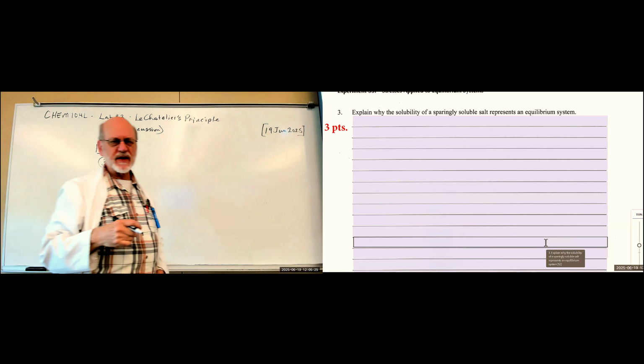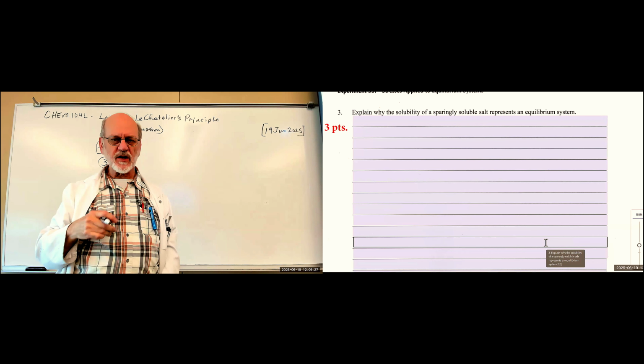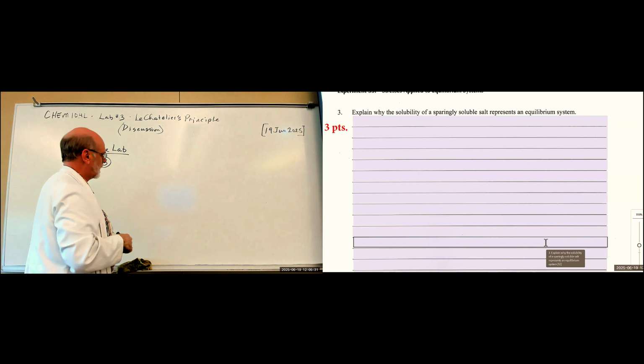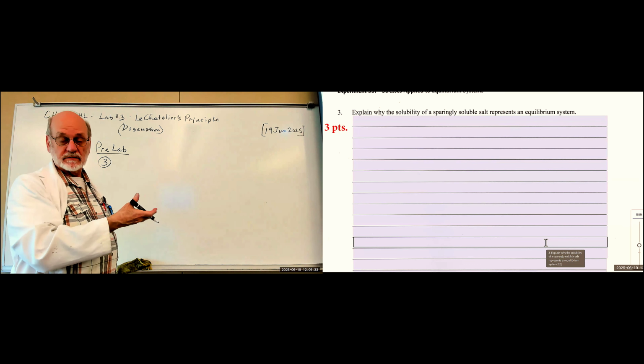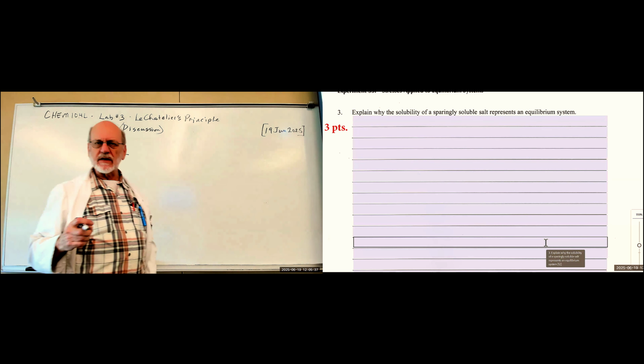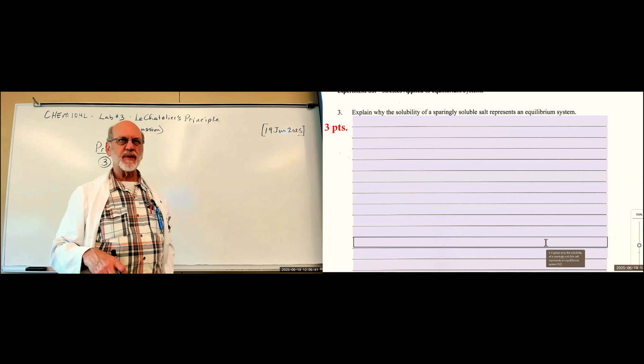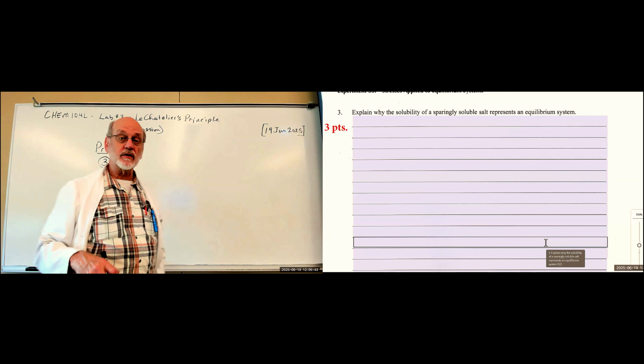So number 3 says, explain why the solubility of a sparingly soluble salt represents an equilibrium system. Well, we had an example, and the one that we're going to use in here. But sodium chloride is not a sparingly soluble salt. A sparingly soluble salt would be something like silver chloride.